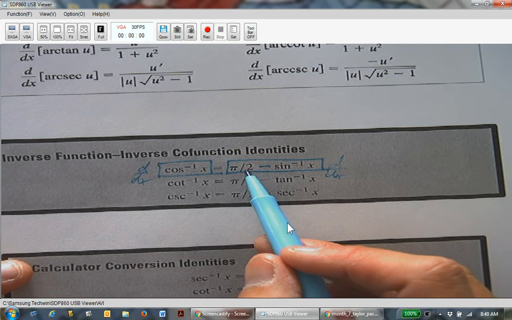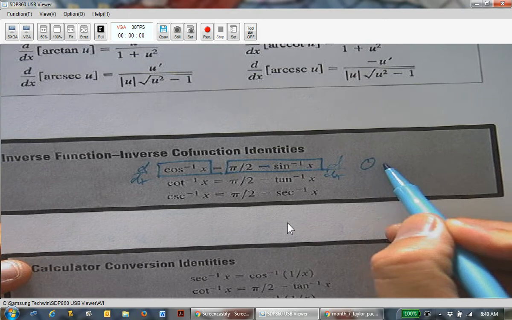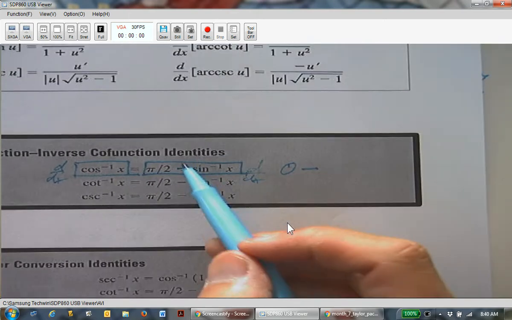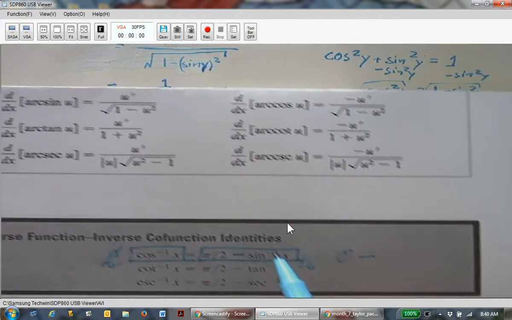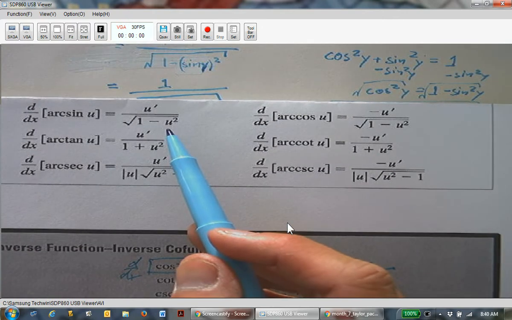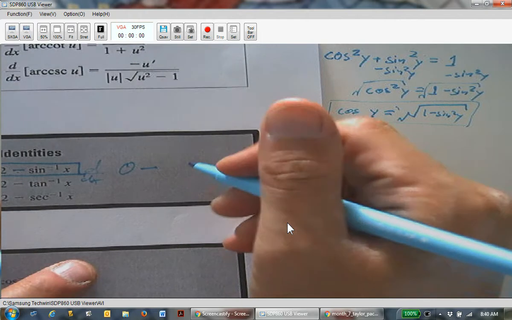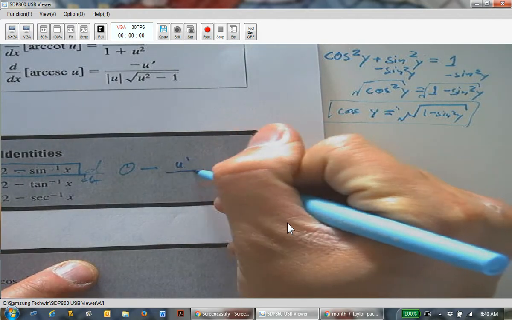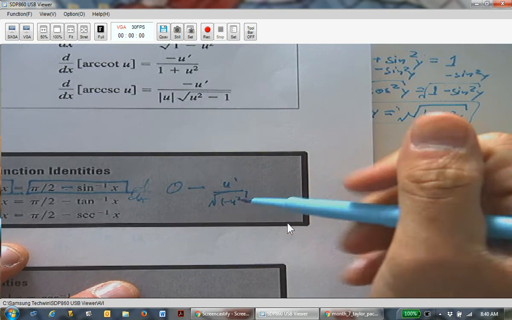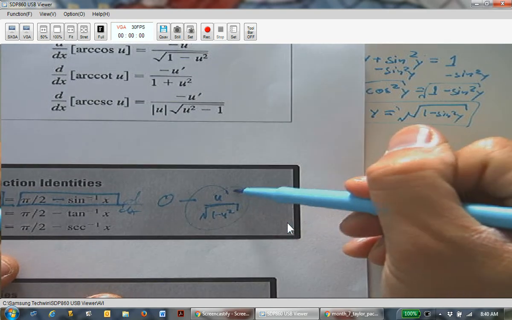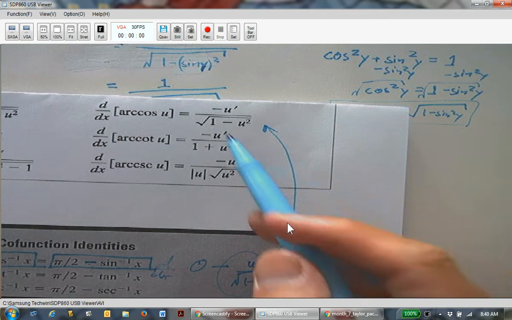A constant, 0. It's 0 minus whatever the derivative of this is. What is the derivative of that? It's what we just did. So it would be 0 minus u prime over square root of 1 minus u squared. And ta-da, that is exactly what we have right here.